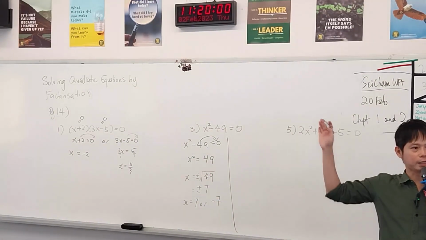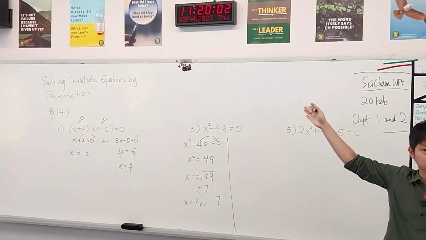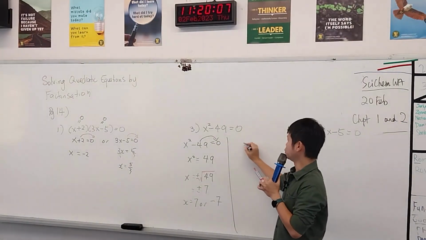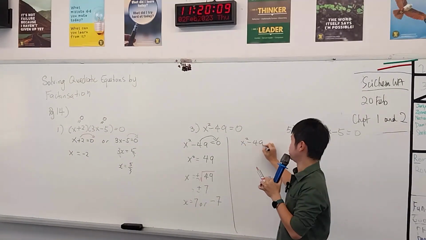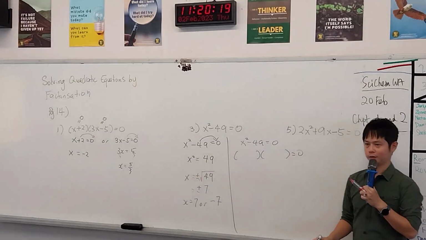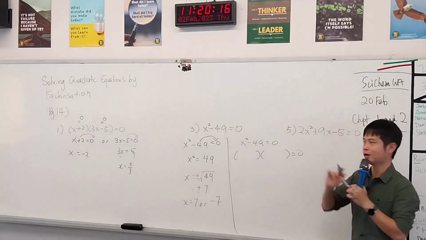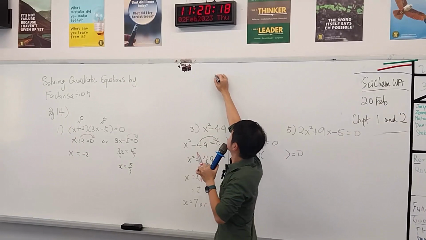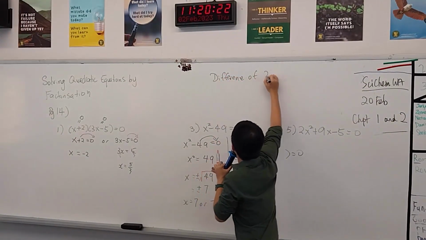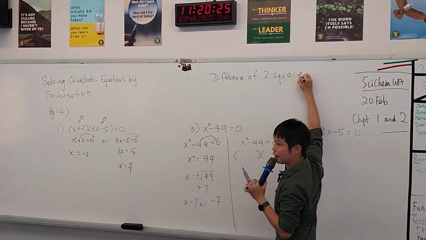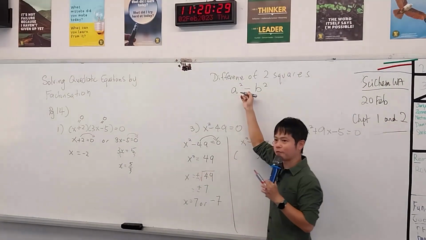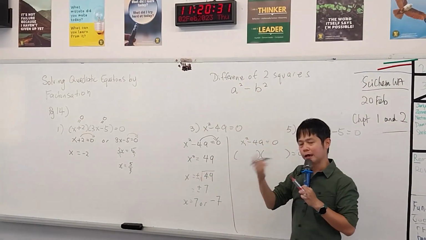However, today's lesson is on solving by factorization. So let's factorize this. How do we factorize x squared minus 49 equals 0? This is called the difference of two squares. It looks like this: a squared minus b squared, a perfect square minus a perfect square.